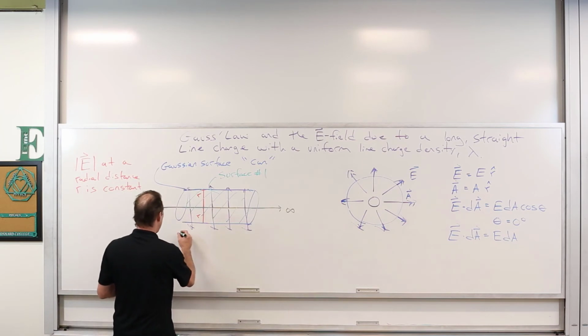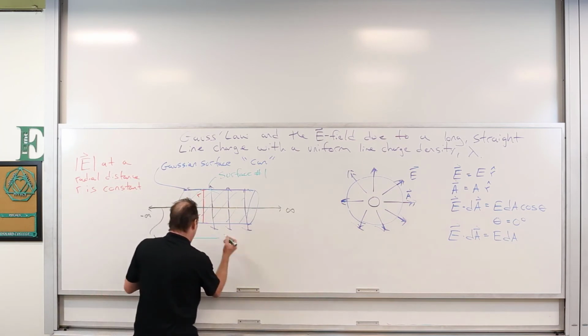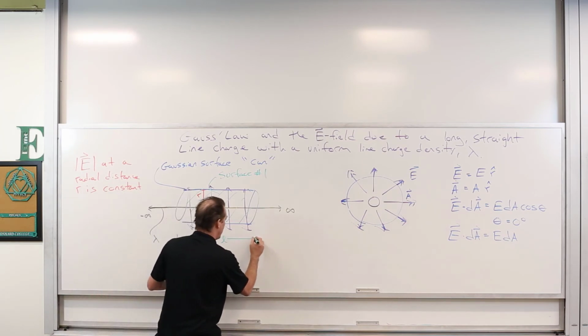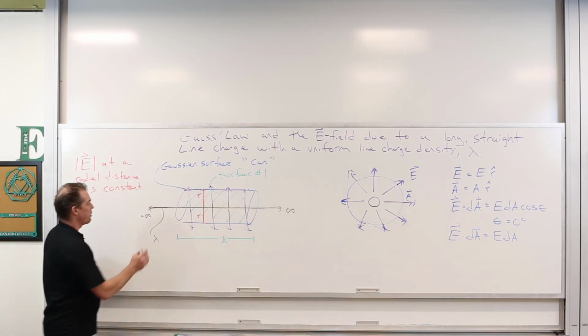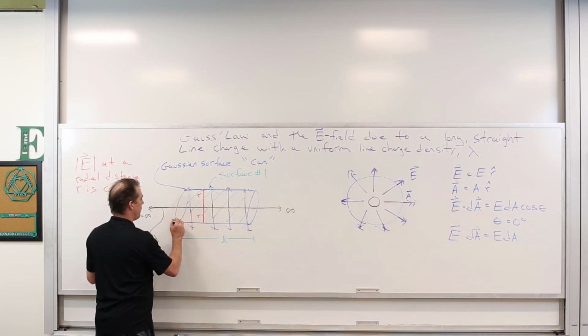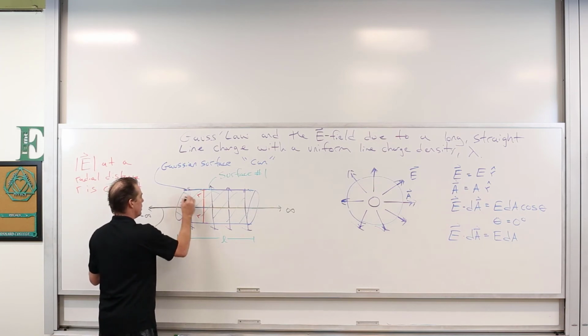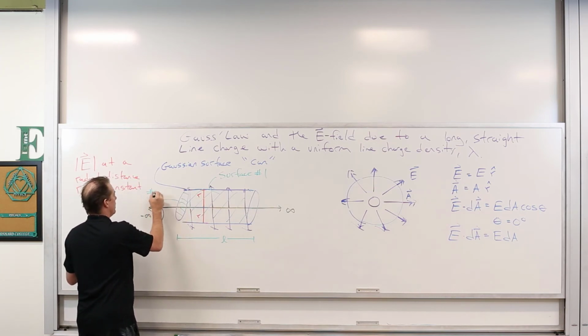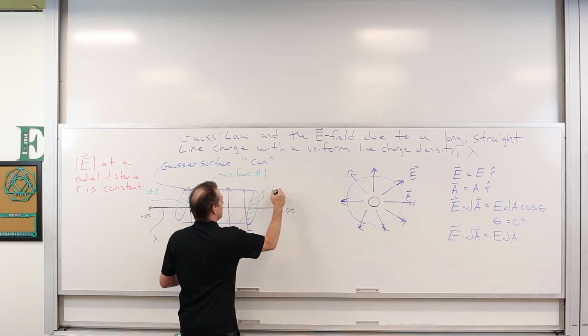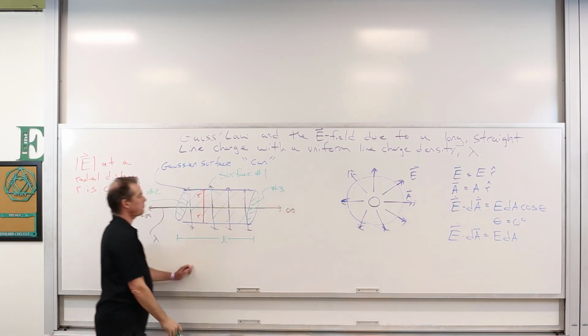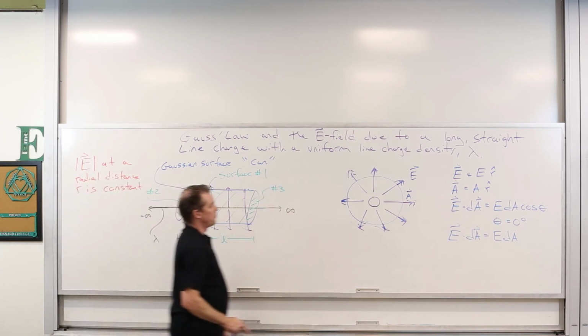So we're going to say that this can has some length L, has a radius R. Well, we've also got to close off everything, so we've got this surface too. Let's call this surface number 2, and we've got this surface as well, surface number 3.